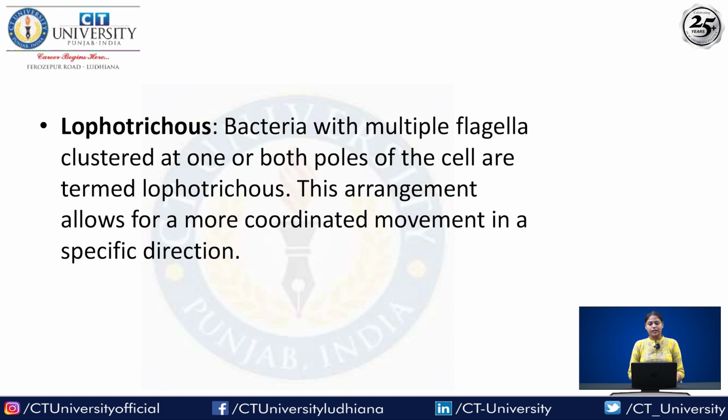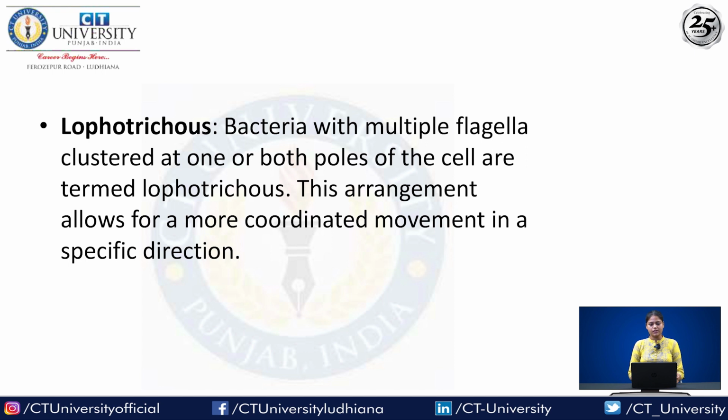Next is lophotrichous. If bunches of flagella are present only on one side of the bacteria, then they are known as lophotrichous. Bacteria containing a bunch of flagella will move towards a specific direction, not in all directions.